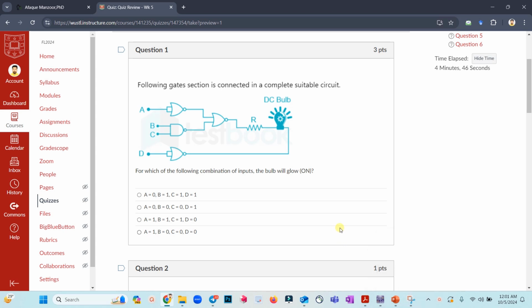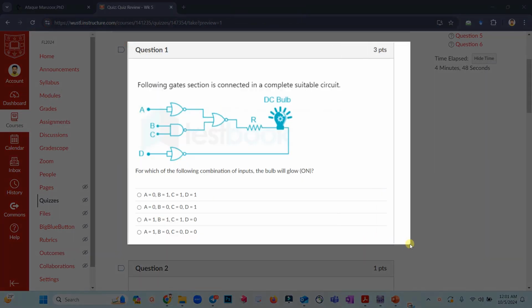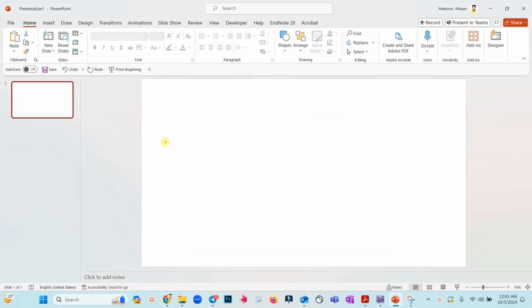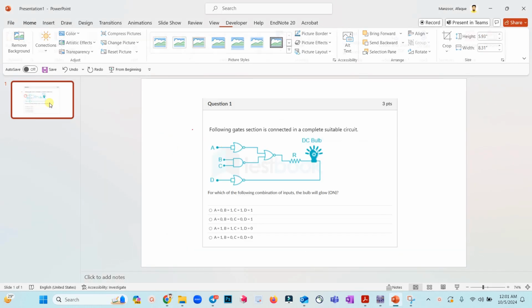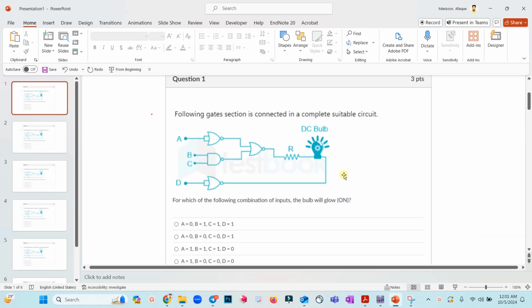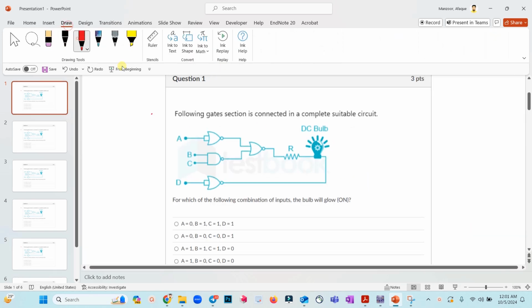Let's take the screenshot and I will put it in. So there are different combinations. The main thing we need to do is that this bulb has to be activated.